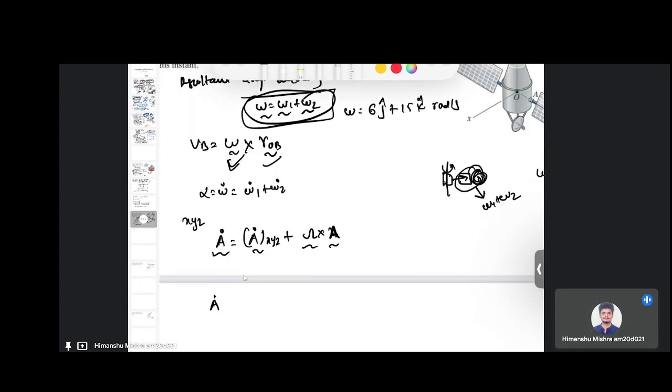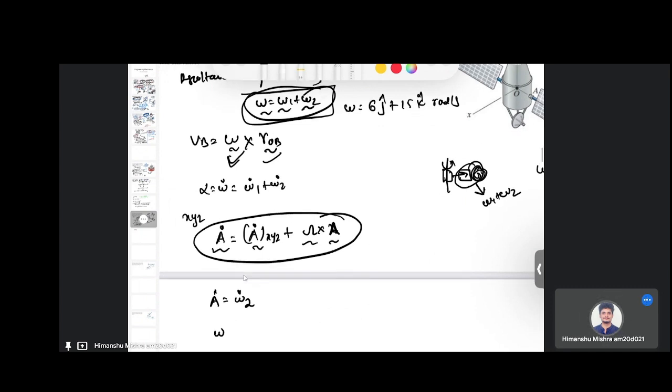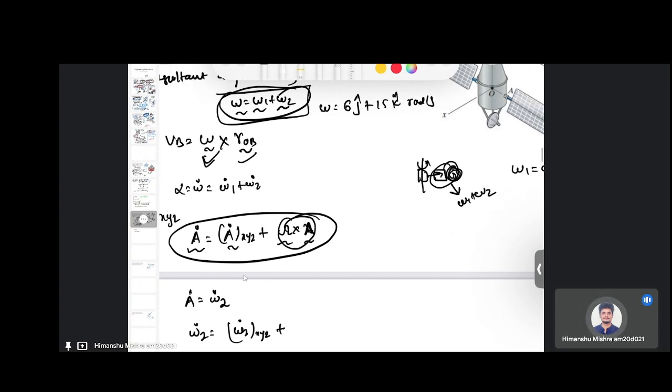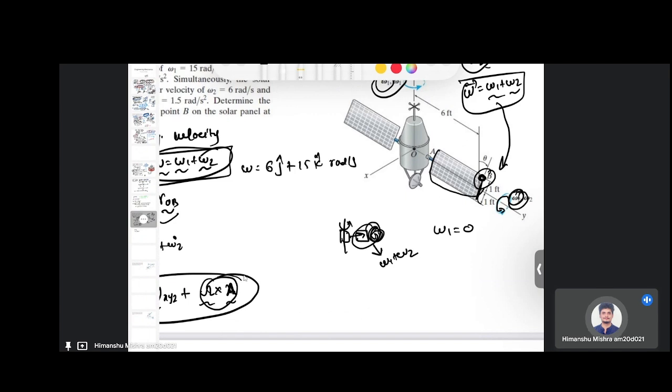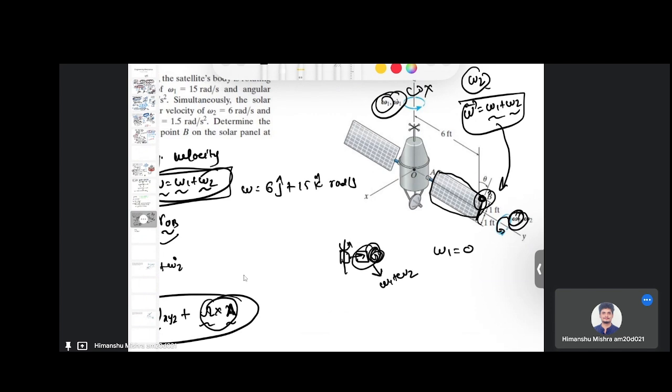Right? So if my A dot is omega dot 2, then following this equation, my omega dot 2 will be omega dot 2 in the moving frame plus the rotation of the moving frame. So here, the satellite is having omega 2 and it is in the moving frame, this moving frame is the rotation of the satellite, and it is actually moving with omega 1.